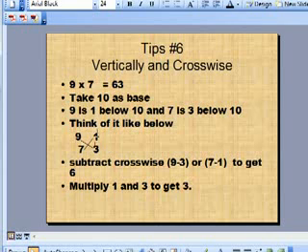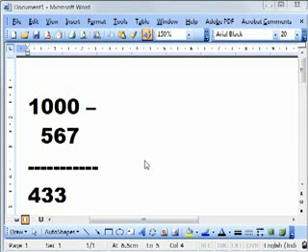This crosswise subtraction gives the first digit, 6. So that will give you the first number, and multiply vertically to get the last number, that is 1 into 3. Now let's take another example.